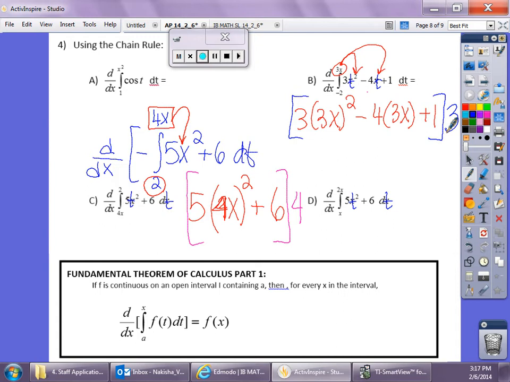The fundamental theorem of calculus is right here. With the chain rule, I want you to go back to your notes where the original rule was, and I want you to remember it with the chain rule instead of the original.